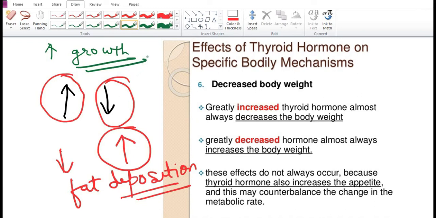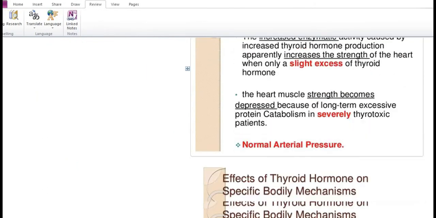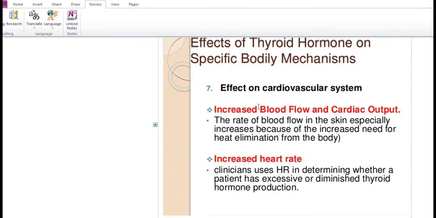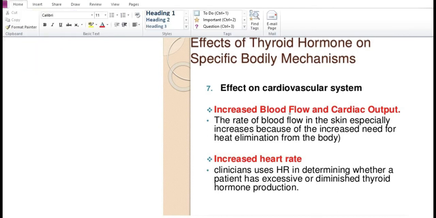Coming to the effect on the cardiovascular system. There is increased blood flow and cardiac output. The rate of blood flow in the skin increases because of increased need for heat elimination from the body. There is increased heart rate.